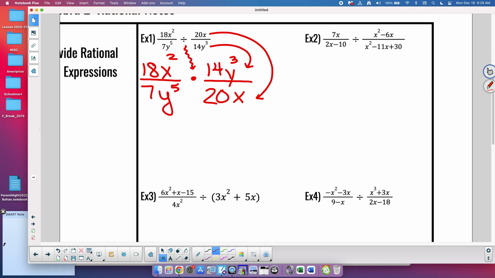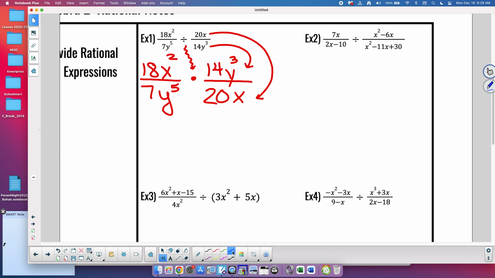Okay. All right. Hey, these are all monomials. Okay, help me. Cancellation. Please tell me you see this. Look at the numbers. 14, 18, over 7 and a 20. Come on.